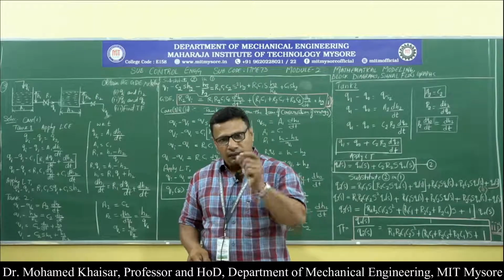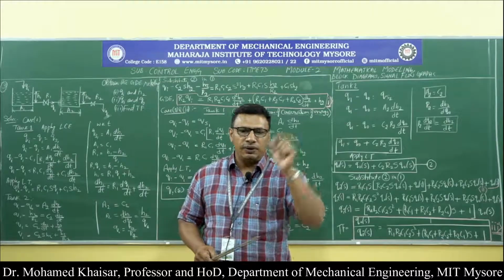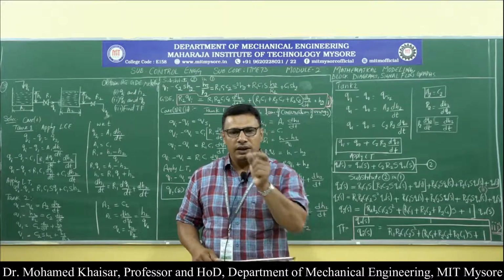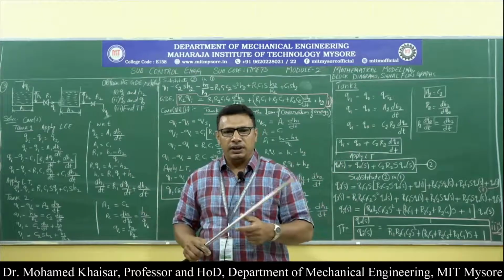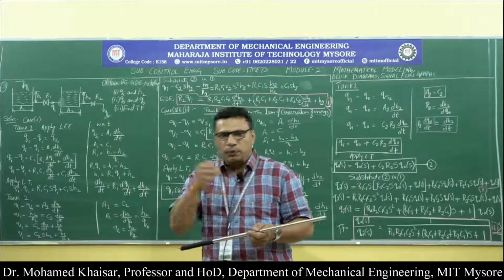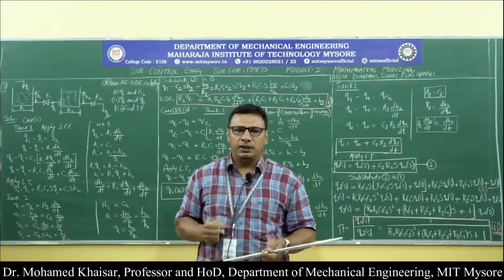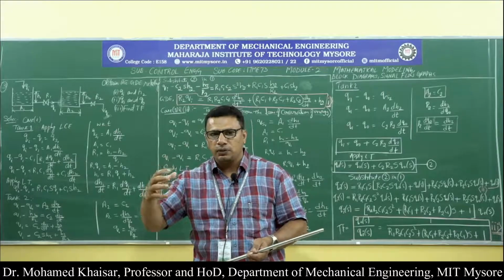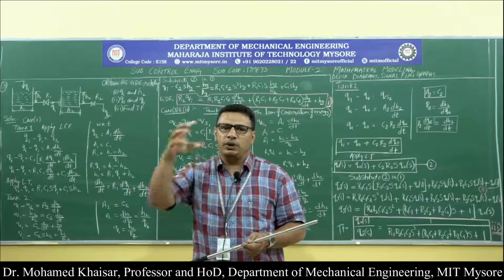Why? Because if K1 is the spring stiffness, M1 is the mass, X1 is the displacement of mass 1 and X2 is the displacement of mass 2, and the spring is connected to both masses M2 as well as M1, then the moment the mass tends to get displaced, the spring will try to pull mass 1 back, by the force K1 into X1. When it tries to pull back mass M1, since the spring is connected to mass M2 also, it will try to push back by the force K2 into X2.